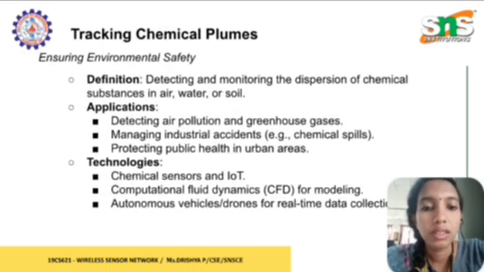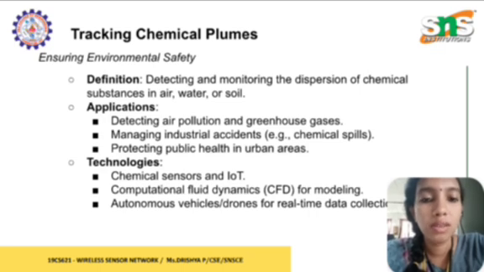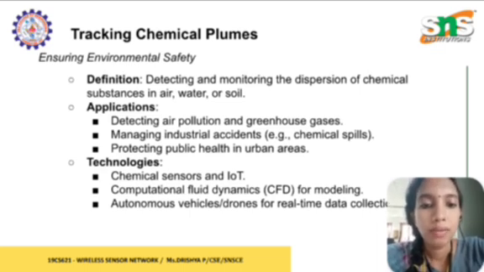Then the next one is tracking chemical plumes. First of all, we want to understand what chemical plumes are. It is a contamination of water or the environment. So a chemical plume is a contaminant or a pollutant. Ensuring environmental safety, the definition is detecting and monitoring the dispersion of chemical substances in air, water, or soil, which is related to air pollution, water pollution, or soil pollution.